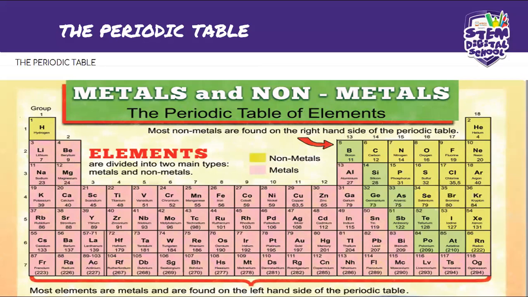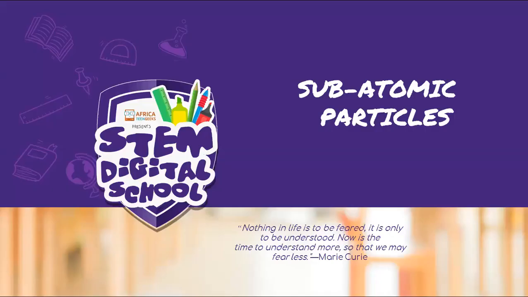You can see this pink and yellow. The yellow indicates the non-metals, and the pink indicates the metals. And this light green between the pink and the yellow is talking about the metalloids or semi-metals.